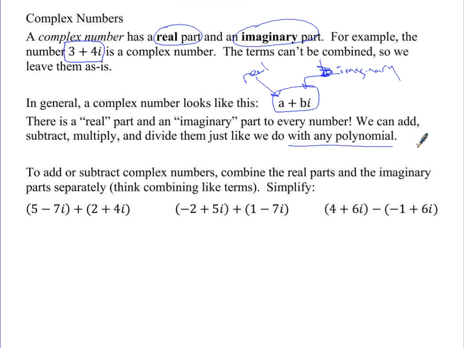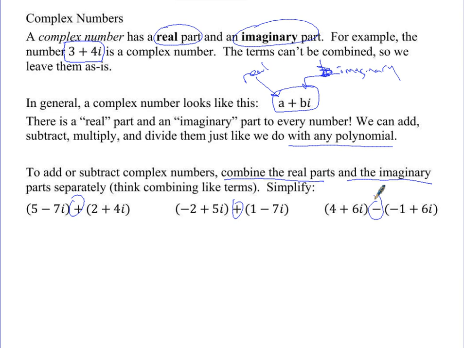To add or subtract complex numbers, combine the real parts and combine the imaginary parts separately. Think combine like terms. That's all you've got to do. So I need you to see this plus sign in between, this plus sign in between, this minus sign in between. There's addition or subtraction going on between those complex numbers.